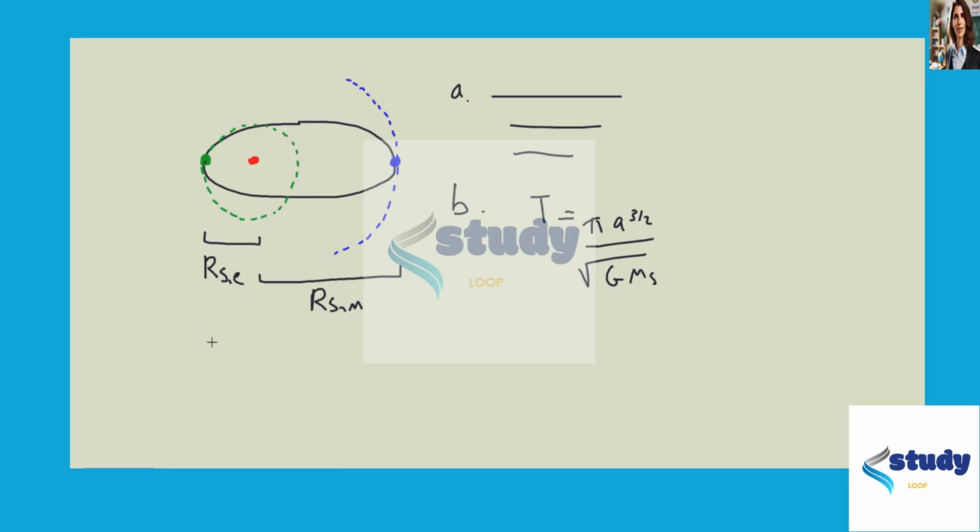So that is just going to be 1/2 of the distance from the sun to Earth plus the distance from the sun to Mars. Half of this distance plus that distance will give us a. When we plug that in, we get 2.24 times 10 to the 7th seconds, which comes out to be about 259 days.